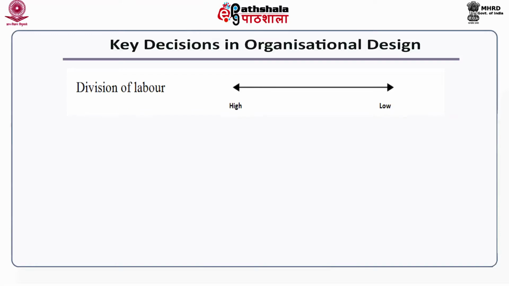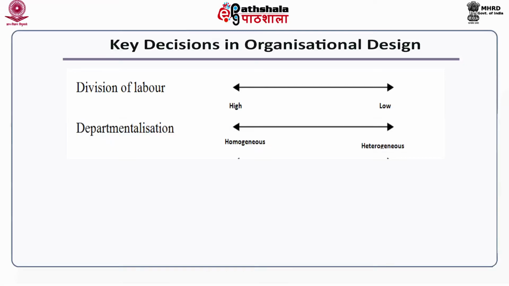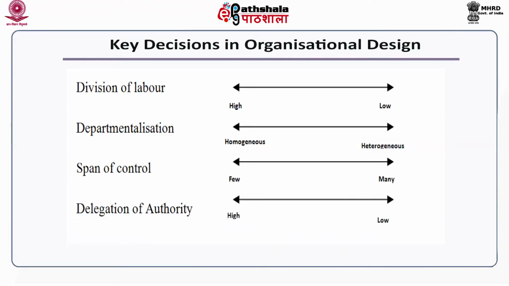The first one is division of labor, which may range from high level to low level. Departmentalization may be homogeneous or heterogeneous. Span of control may vary from few people in the span to too many people in the span. Delegation of authority may also range from high to low.